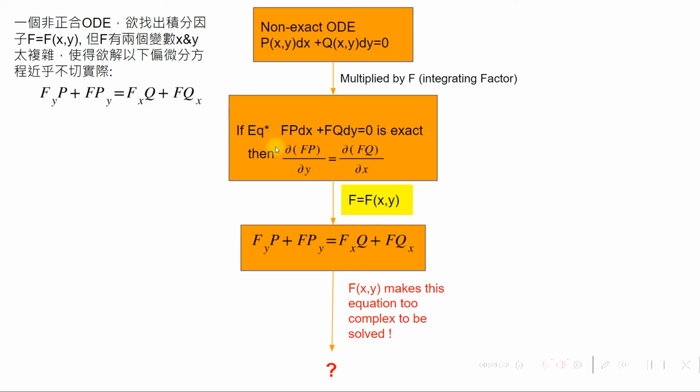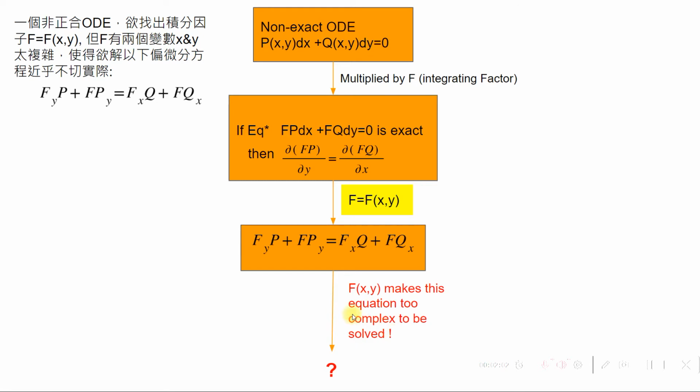So this exactness condition expands into this expression, and the subscript y means we take the partial derivative of f with respect to y, and this subscript means that we take the partial derivative of f with respect to x, and we find that f of x and y makes this equation too complex to be solved.